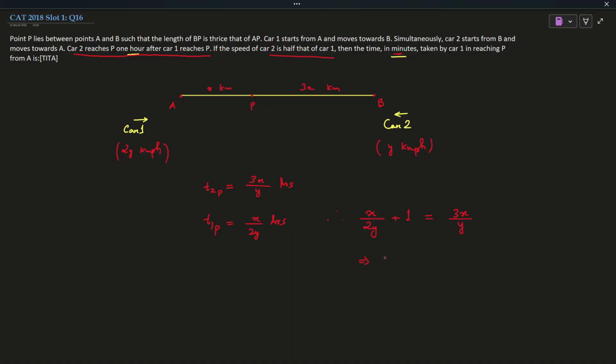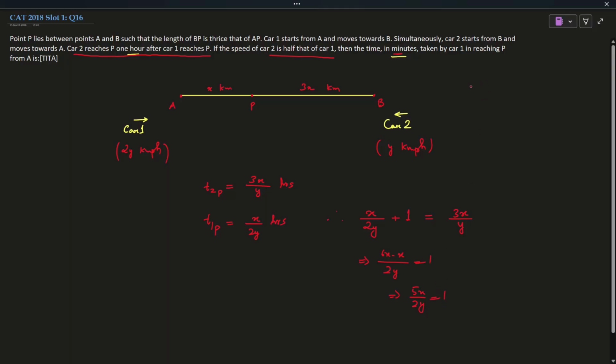From here, I can say, taking the LCM 2y, 6x minus x is equal to 1. From here, I will get 5x by 2y equal to 1.